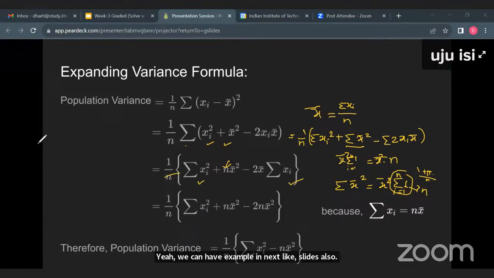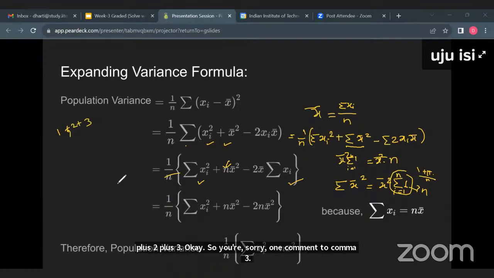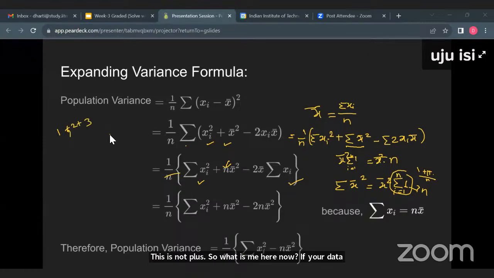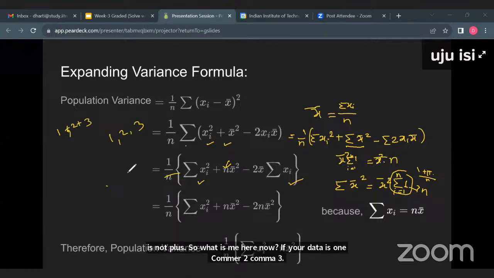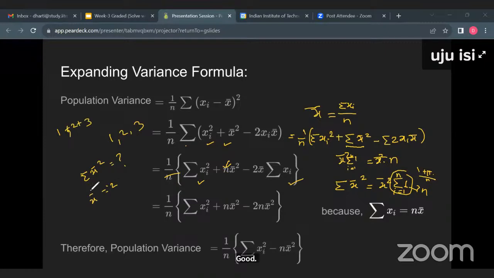Let's say you have some data 1, 2, 3. What is the mean here? 2, right? If I ask you to find the summation x bar square here, what will you say? Your x bar is equal to 2, and my i is running from 1 to 3.